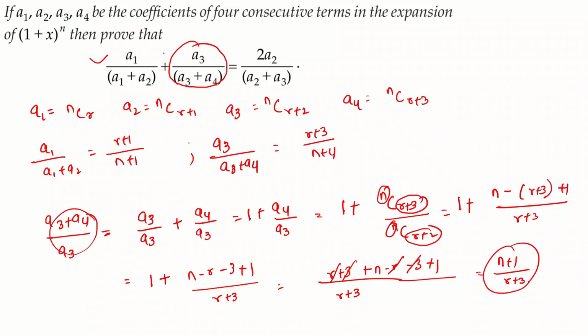So now we have got the value of both of these terms, so we just need to add these two to get the LHS, and then similarly we will simplify the right hand side and see whether we are getting the same thing or not. So first let's add these two terms and find out the LHS.